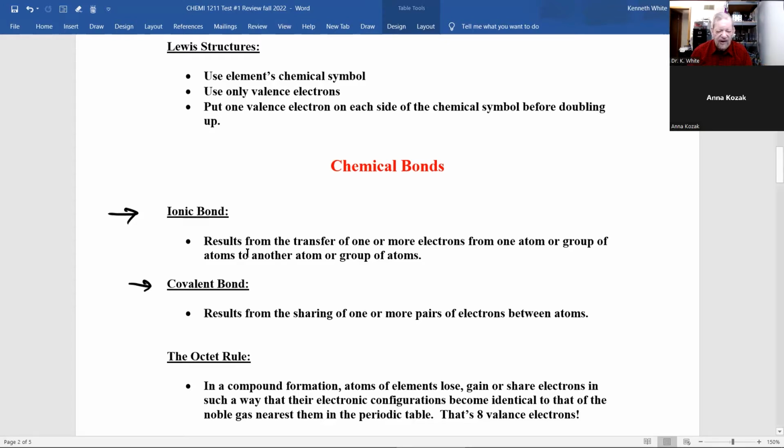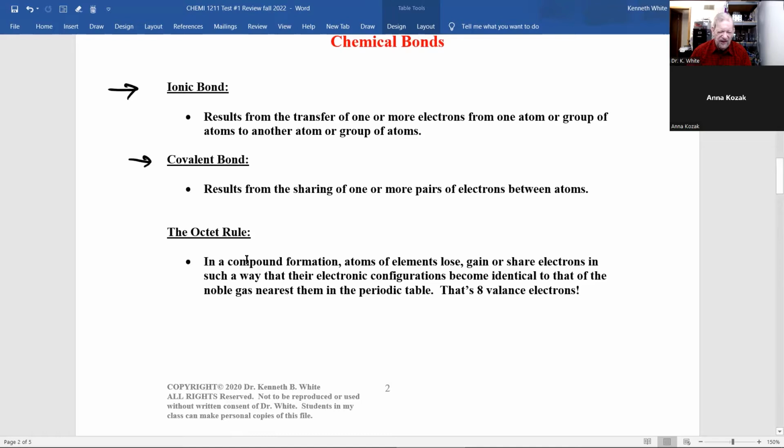Now, the octet rule, which I'll never, ever ask on a test or a quiz, is that in a compound formation, making a molecule, atoms of elements lose, gain, or share electrons in such a way that they have their electronic configuration identical to that of the nearest noble gas in the periodic table. And if you remember, I just showed you, all noble gases have 8 valence electrons.